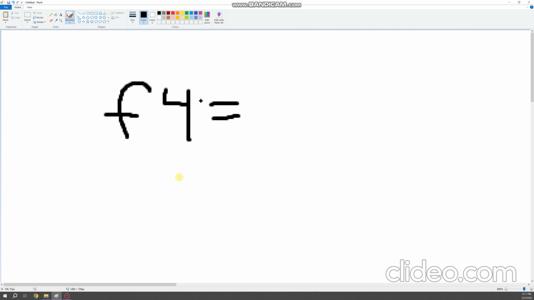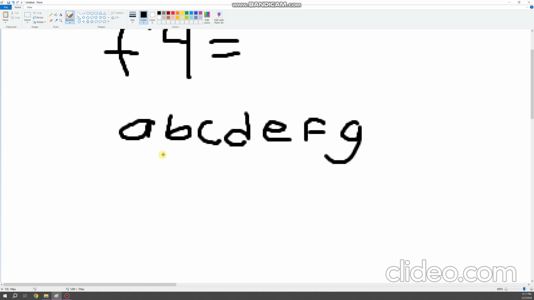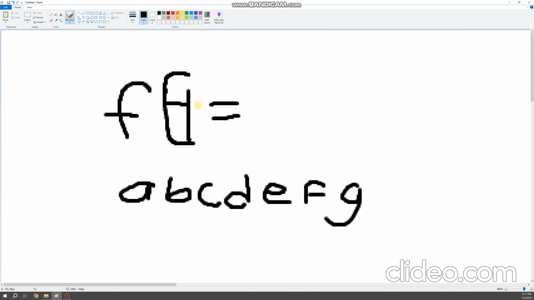F4. So let's work it out together. We have A, B, C, D, E, F, G. That's about as far as we're going to need to go. Let's count to the 4th letter of the alphabet. We'll do 4 hops: 1 hop, 2 hop, 3 hop, 4 hop. No, we're going to have to start on an invisible one. So 1, 2, 3, 4.